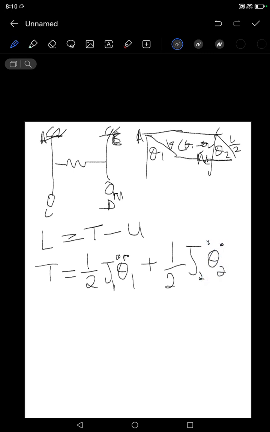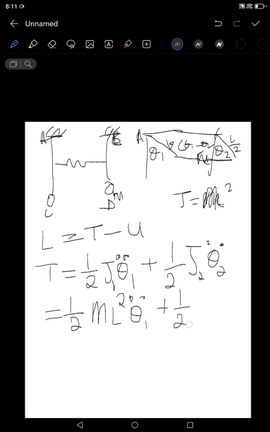Okay, and then we know that J is equal to ml squared. Remember, this one is a light rod. So we're going to have half ml squared theta dot 1 squared, plus half ml squared theta dot 2 squared, like this. So this is our kinetic energy.